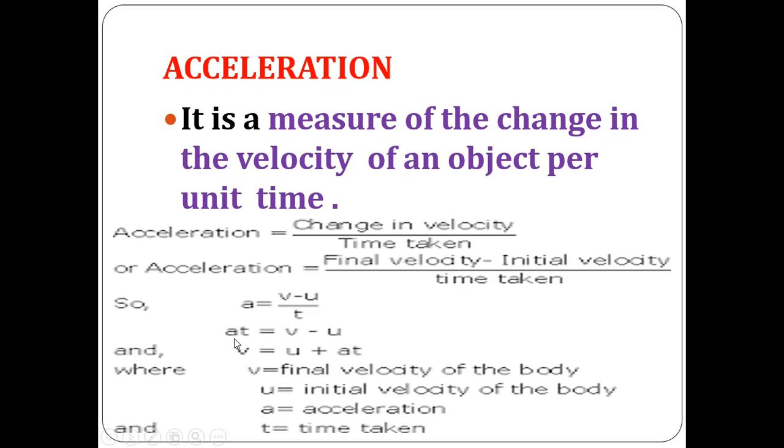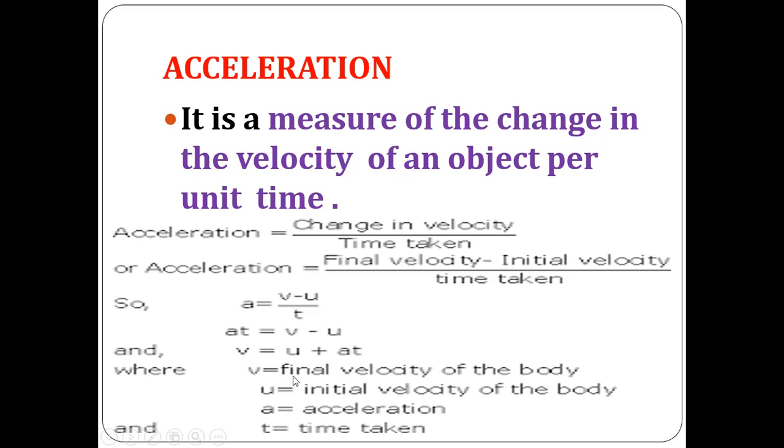Yes, so A into T is equal to V minus U, and now V is equal to, take this minus U to this side, when we are taking it, minus U becomes plus U, isn't it? So V is equal to U plus AT.